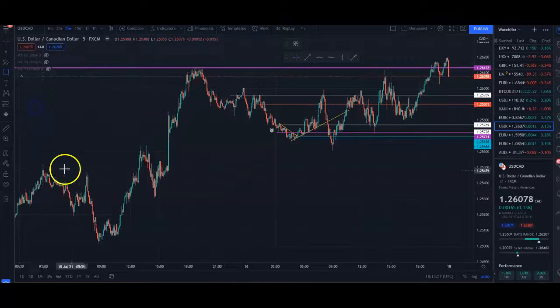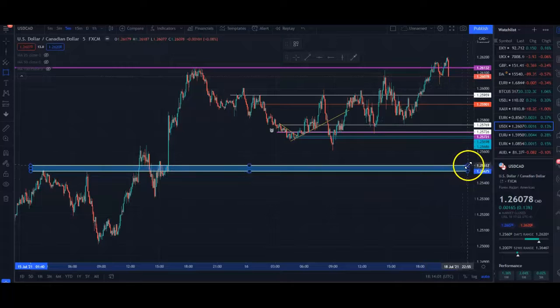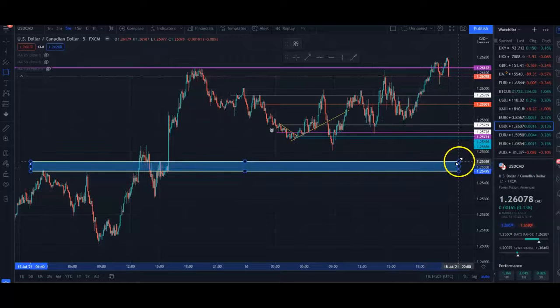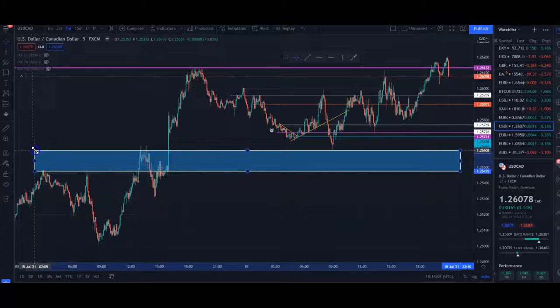This is a rectangle. Like I said, this is how I like to mark up my zone sometimes. So if I know, okay, if price comes, oops, actually it'll be right here. From the top of these wicks, or the top of these candles with no wicks, is where I would say, okay, it broke this zone.